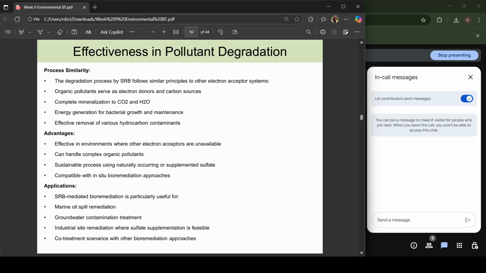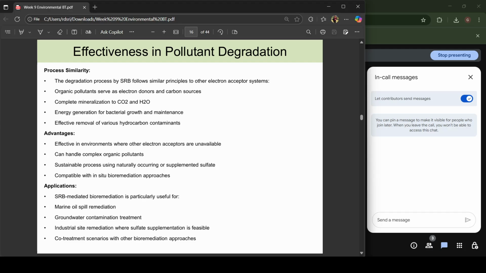The advantages of using SRB include that it is effective in environments where other electron acceptors are not available. It is capable of handling complex organic pollutants. It is a sustainable and naturally occurring process, and it is compatible with in situ bioremediation approaches.